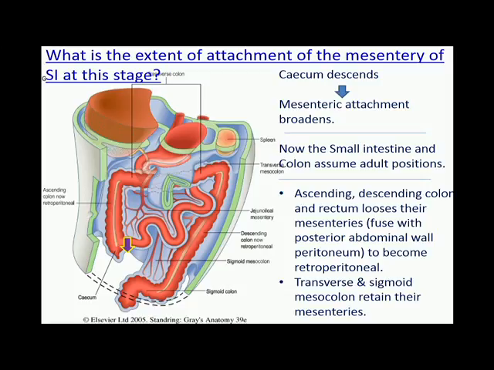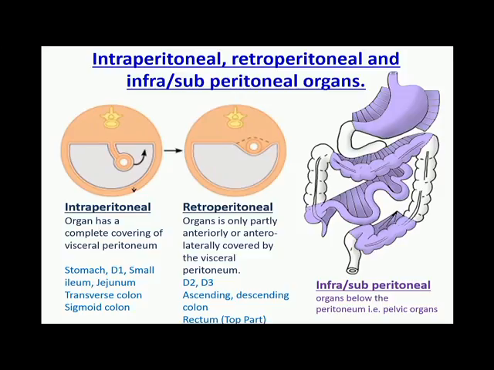Yeah, so this is what I explained. So at the end of the midgut rotation and cecal descent, all the intestinal loops occupy their future positions. Right. Now, at the end of the midgut rotation, after 11-12 weeks, certain parts of the GIT are completely covered by peritoneum.